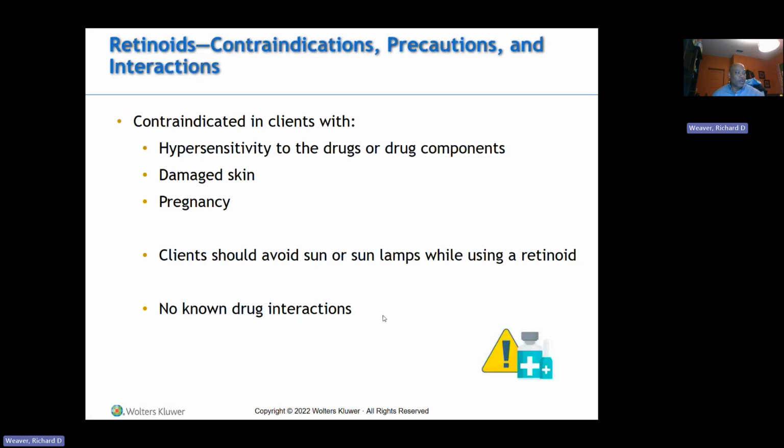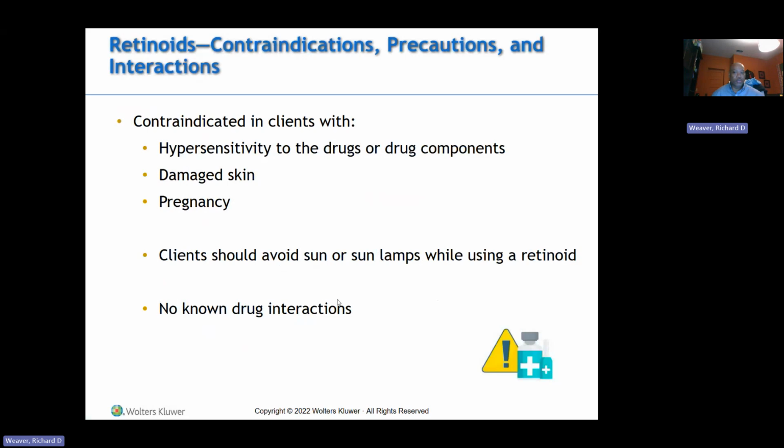Clients should avoid sun or sun lamps while using the retinoid medications. Of course, this includes sun tanning beds, for those who like to get tans. And there are no known drug interactions, which makes these medications fairly safe, right?